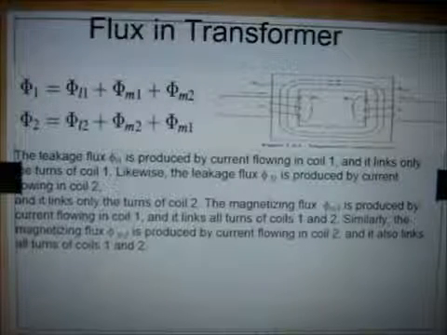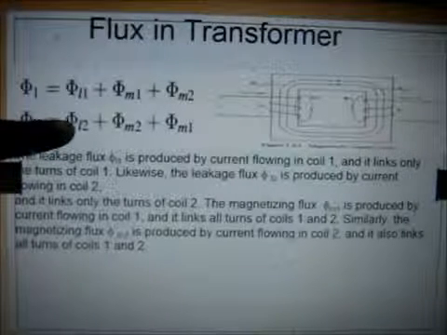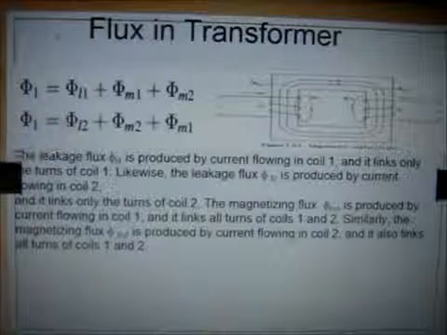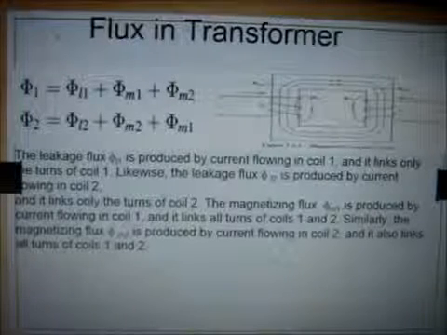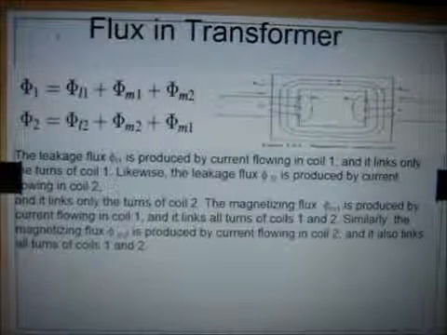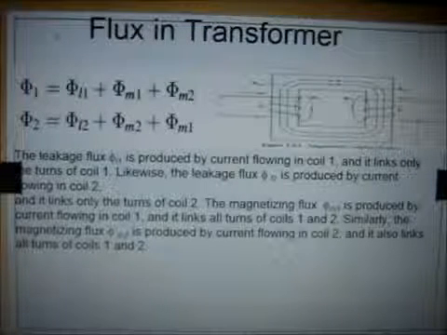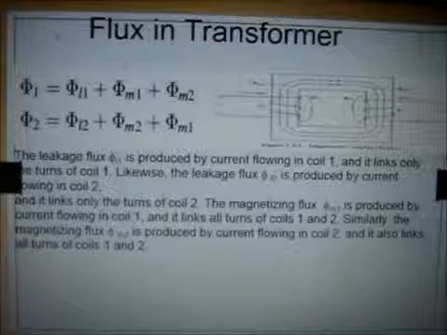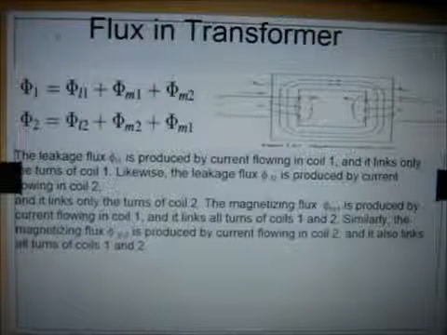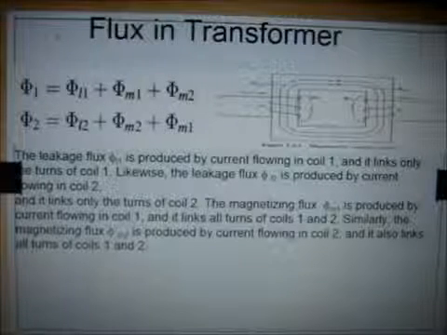Likewise, the leakage flux phi L2 is produced by the current in coil 2 only, and it links with the turns of coil 2. Now let us talk about the magnetizing flux. We have magnetizing fluxes phi M1 and phi M2. Phi M1 is produced by the current flowing in coil 1, and it links with the turns of both coil 1 and coil 2.